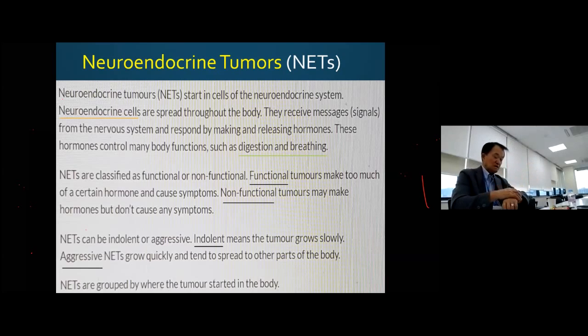So we'll take about a 10-15 minute break, and then I will talk to you about another endocrine tumor, neuroendocrine tumor, which is now probably very important in nuclear medicine because we are using theranostic agents for diagnosis and therapy.